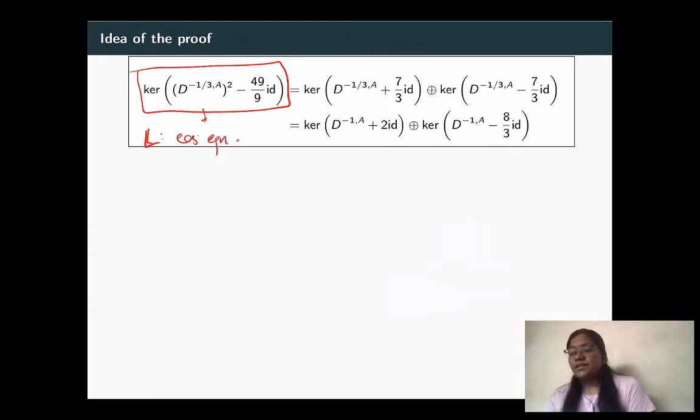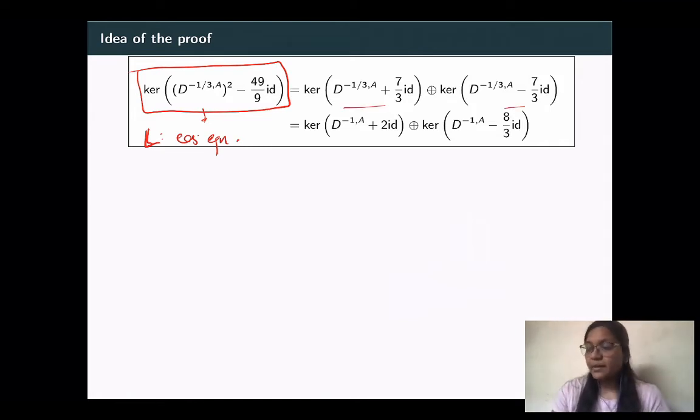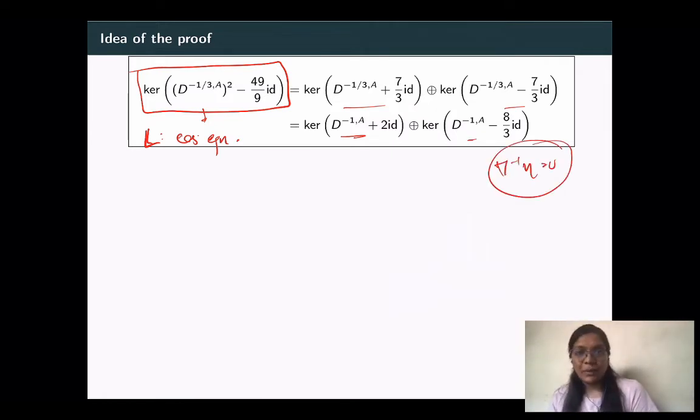Right? And since it's a square of the Dirac operator, we can obviously break it into two parts. And since these Dirac operators are associated to each other, since they all come from the same family of connections, we can write them in terms of D minus 1. And why do we prefer to use D minus 1? Because eta is parallel with respect to t equals minus 1. So that just simplifies the computations a bit.